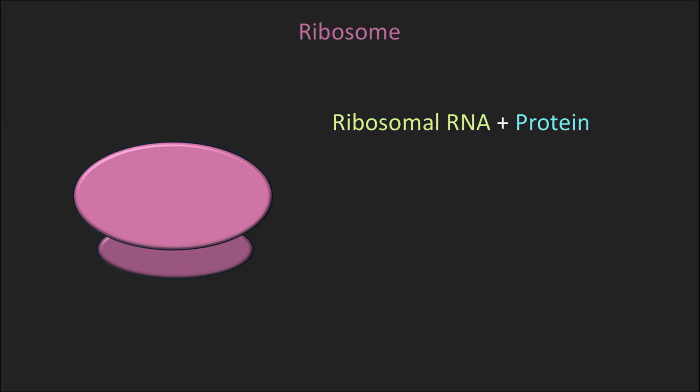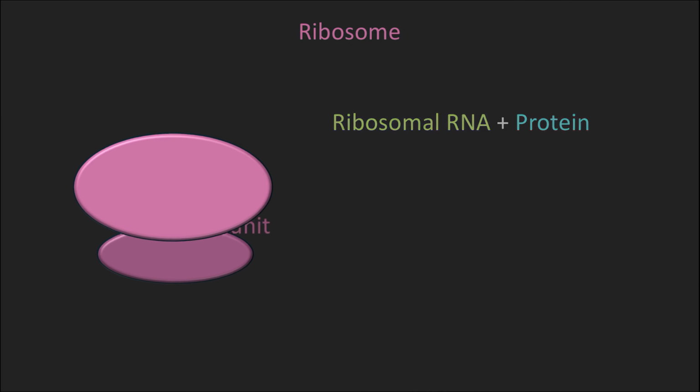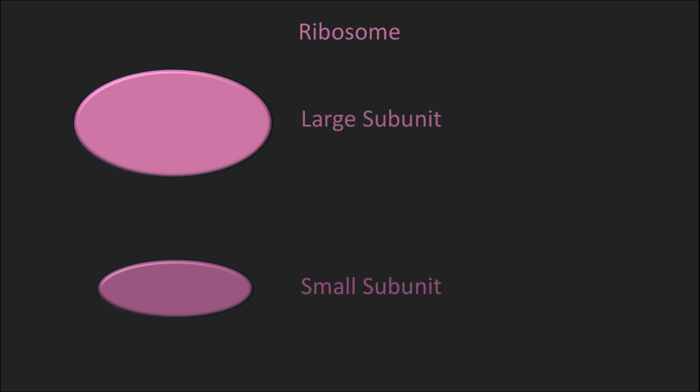Now, if you look carefully, do you see how the ribosome is in 2 pieces? Those 2 pieces are the 2 subunits. One is a large subunit and the other is a small subunit. When ribosomes aren't actively translating, they spend a lot of their time separated like that. But translation involves the 2 subunits working together.